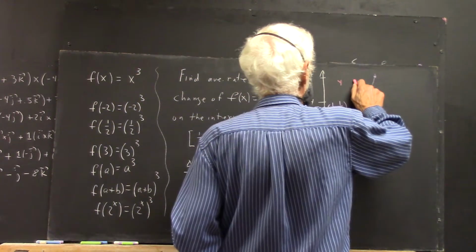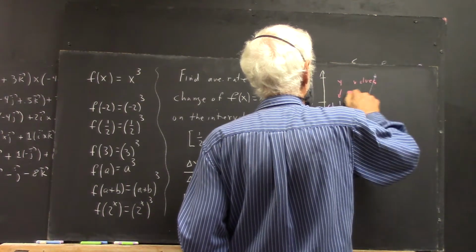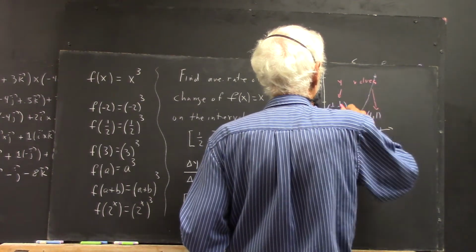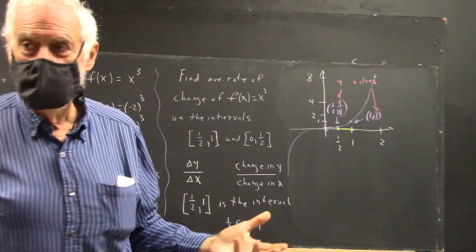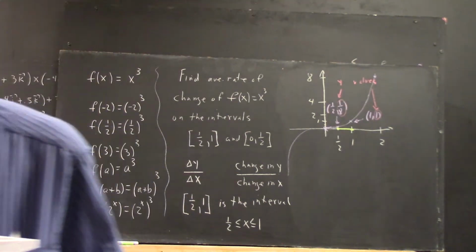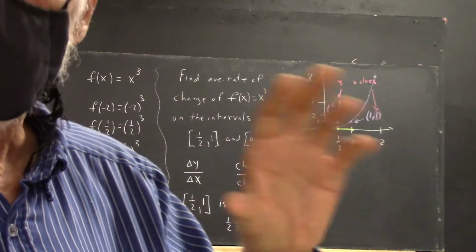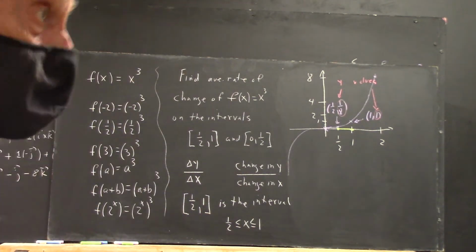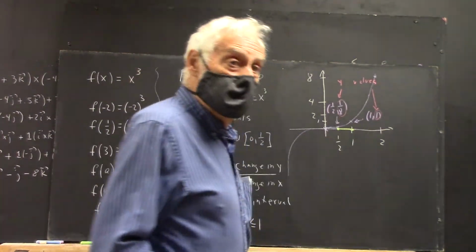The y values are 1/8 and 1. There's no 1/2 associated with y in this calculation. So these are your two y values, and we have to distinguish that.